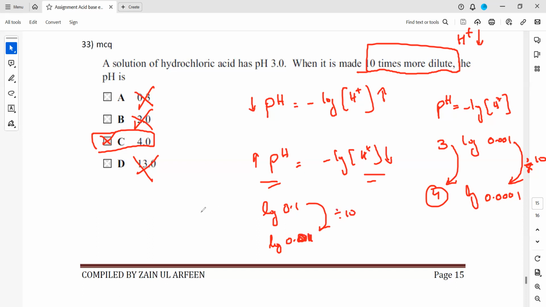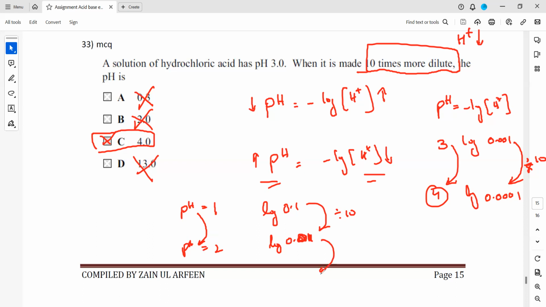We change the number by 10. So if we divide by 10, factor 10, what will happen to the value of the pH? It will change by 1. So this was pH 1, so this will be pH 2.